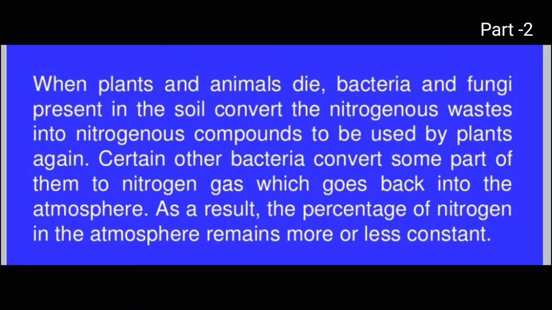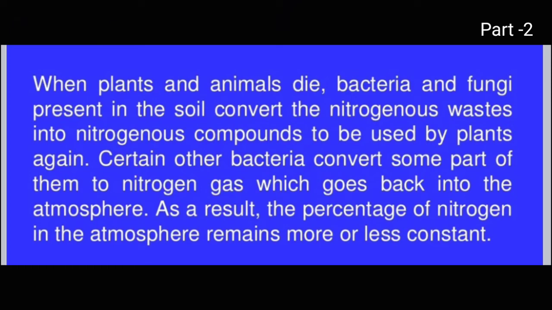Later on, when the plants and animals die, bacteria and fungi present in the soil will convert these nitrogenous wastes into useful nitrogenous compounds which are later used by plants again, because they want these nutrients. Certain other bacteria will convert some part of them to nitrogen gas which will go back into the atmosphere, and as a result this cycle will continue.